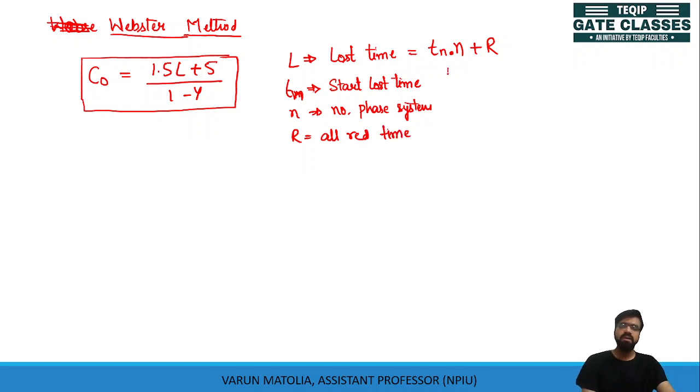All red time will be given to you in the question. We have starting lost time, which is assumed to be 2 seconds. So the L formula comes out to be 2n plus R.